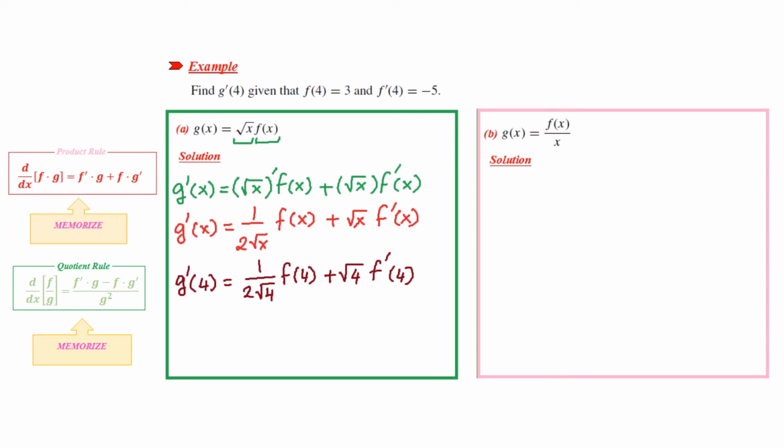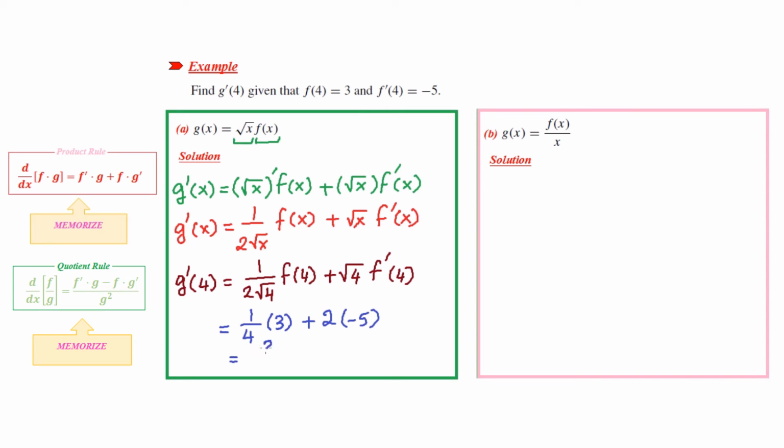Now you have to replace the values. Everything is given for you in the question. Now square root of 4 equals 2, 2 times 2, so we have 1 over 4, f of 4 given equals 3, plus radical 4, 2, multiplied by f prime of 4, which equals -5.